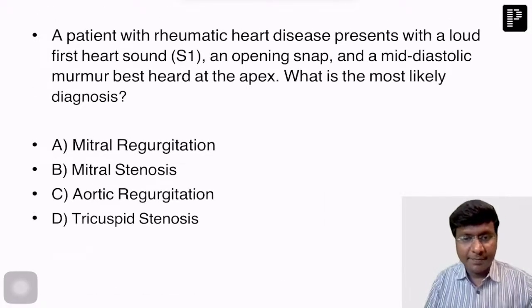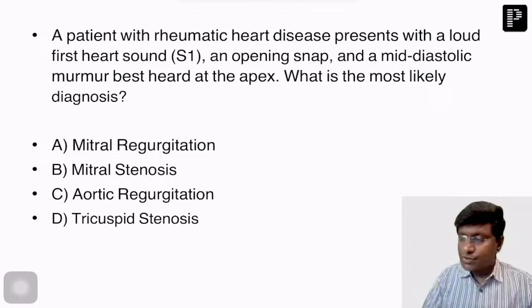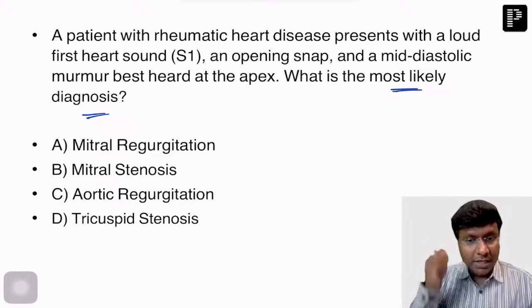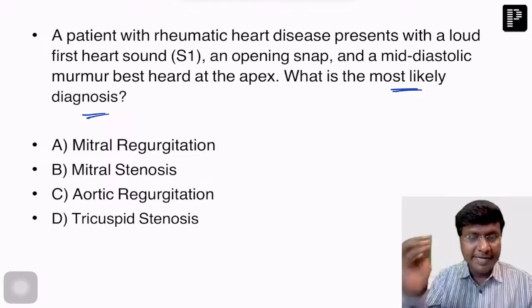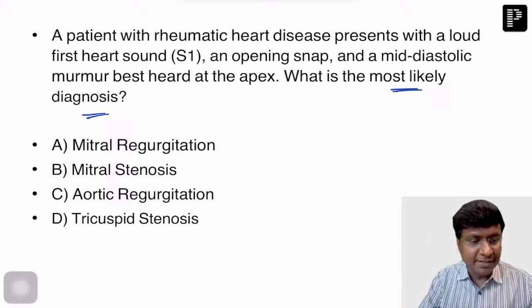Okay, so we have a patient with rheumatic fever, rheumatic heart disease, who presents with a loud first heart sound and opening snap, mid-diastolic murmur, right? So what do you think is the most likely diagnosis in this scenario?